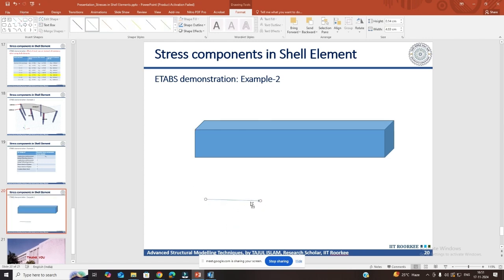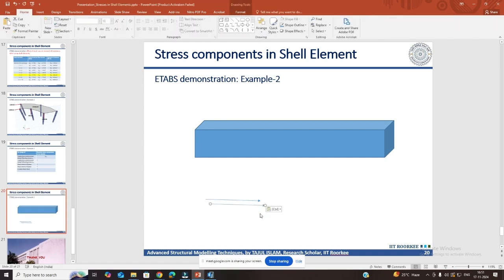This is x, and this is y. So horizontal is x, vertical is y. Now I have to design the longitudinal reinforcement along x. What stress do I generally check for this? Is it x stress or y stress?